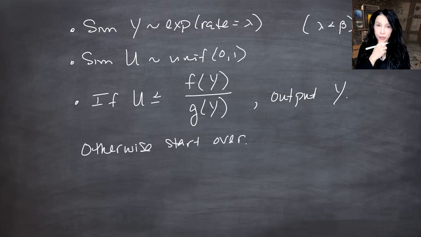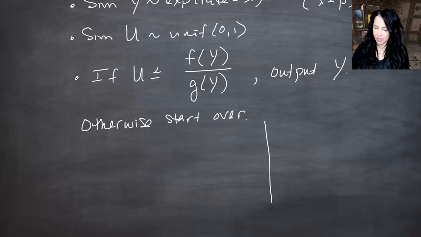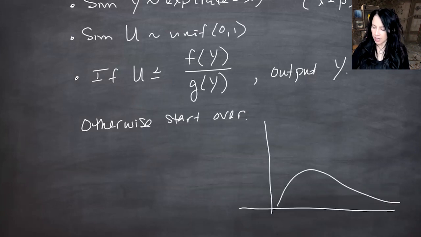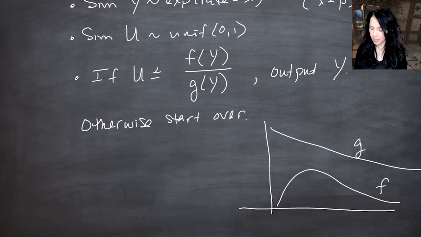And I want to prove this next time. And I also want to talk about good choices for the candidate distribution. You would like it to be as close as possible to the target. This uniform thing we're doing, so if we have a target that looks like this, and then like a g, so that's supposed to be the exponential but not normalized, multiplied by the c.